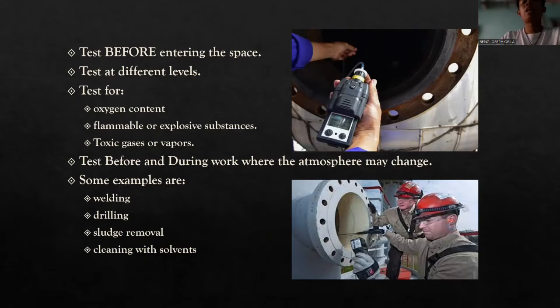Tapos syempre, kailangan mo rin at during the work, kailangan mo rin i-test para kung may pagbabago man or something na pwedeng maging dangerous habang naggagawa ka, mawawarningan mo yung tao sa loob. Tapos, ayun, ito some examples nito is welding, drilling, sludge removal, cleaning with solvents. Ayun. So, ayun, that sums up.